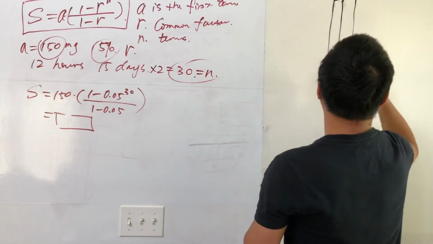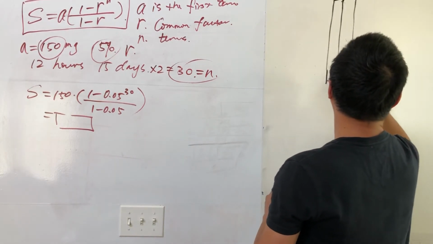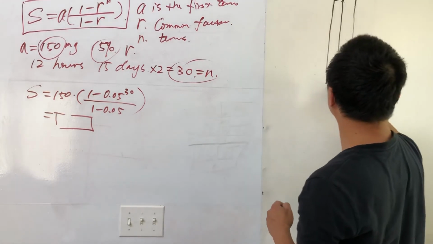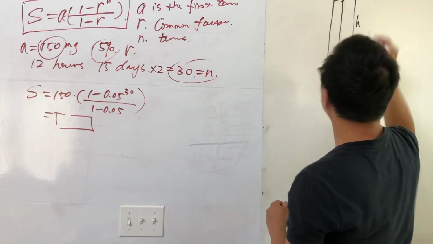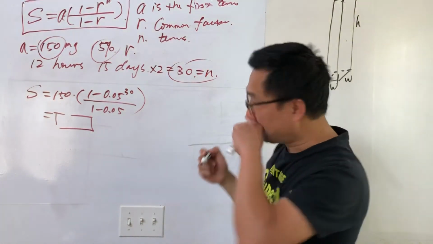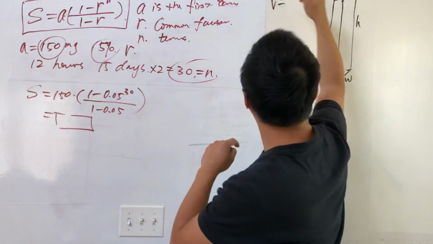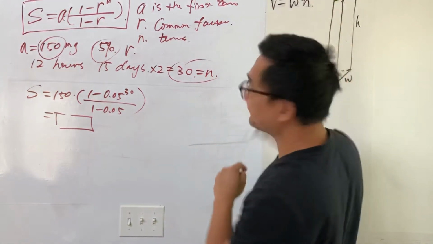This is the width, this is the height, right? They give you the volume of the prism is W square H, right?